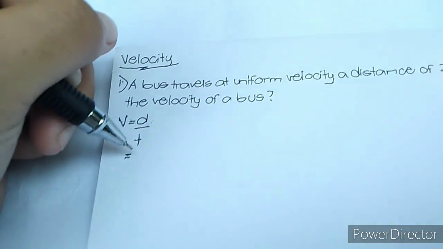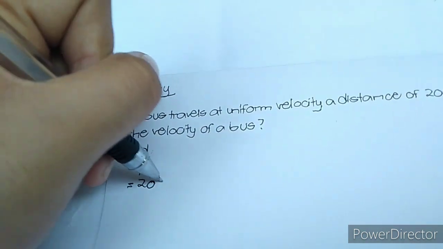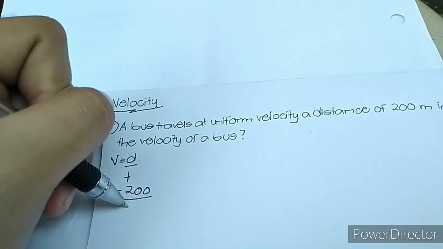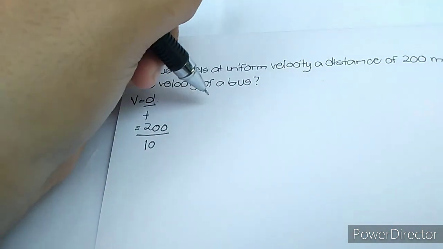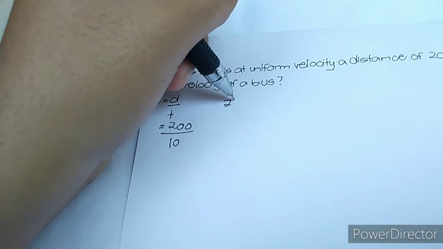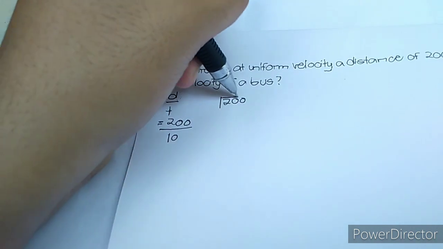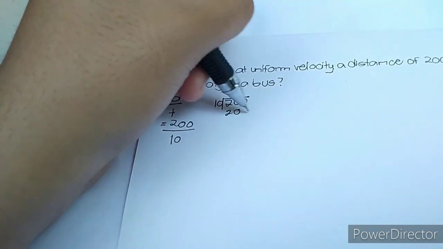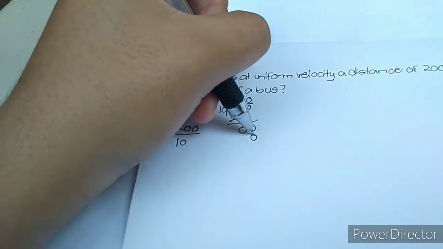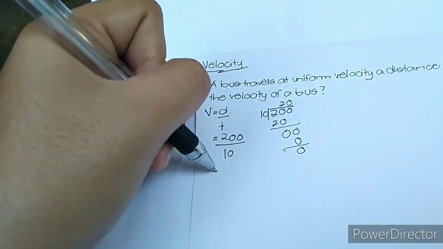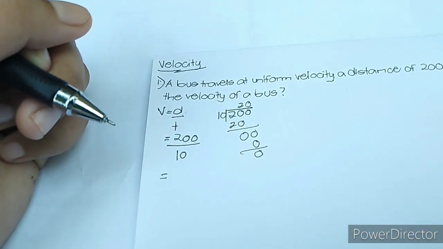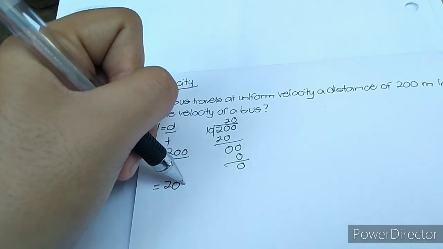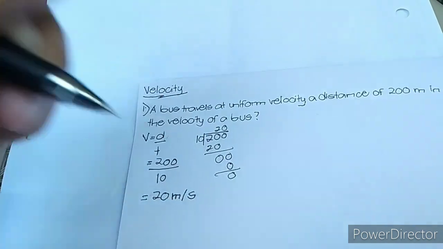So the distance is 200 meters divided by 10 seconds. 200 divided by 10 is 20. So the velocity of the bus is 20 meter per second.